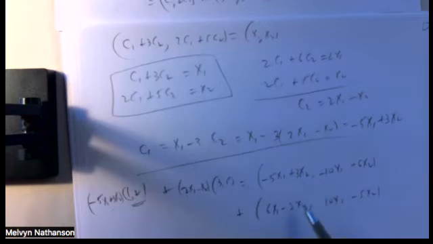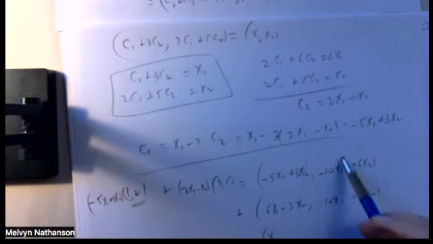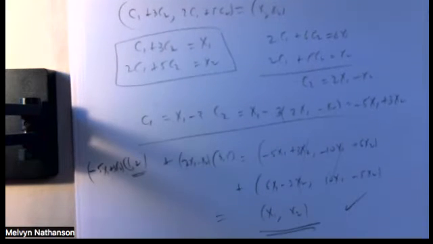And when I add coordinate-wise, these cancel, I get x1, these cancel, and I get x2. So it works perfectly. This linear combination of (1, 2) and (3, 5) gives me the vector (x1, x2) for all x1 and x2.